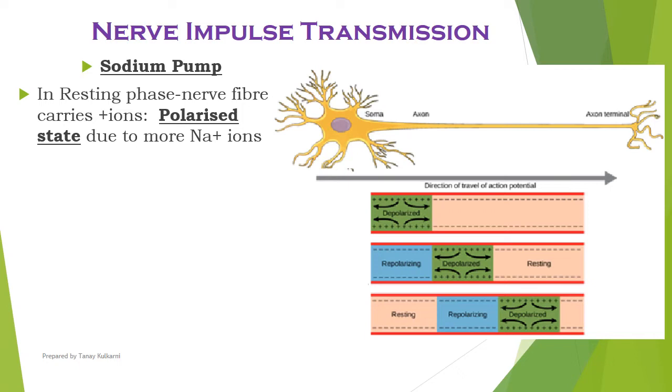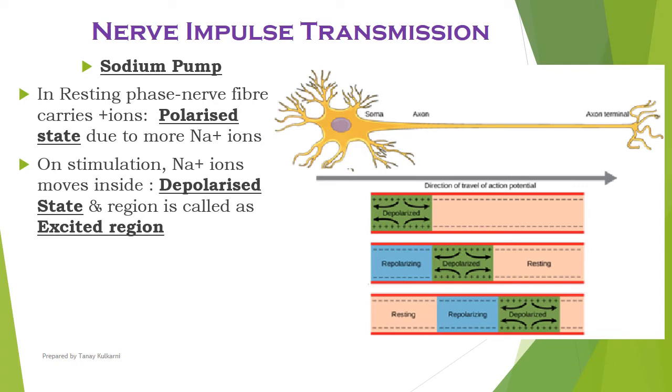Now as soon as the impulse starts moving from cyton, it enters the first myelin sheath of the axon. So that much part will get depolarized. Can you see this green color box in the first row only? Here the sodium ion has entered inside. Correct? On stimulation, sodium ion enters inside.